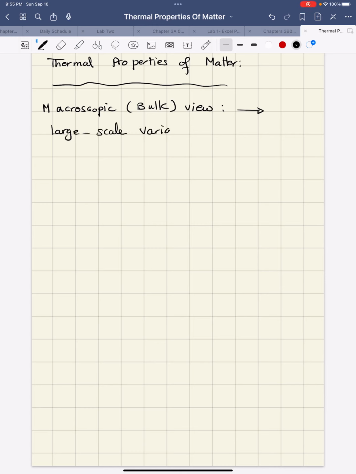Large scale variables are like volume, V, P for pressure, T for temperature, and they are all related.